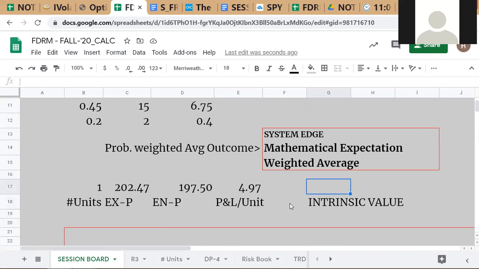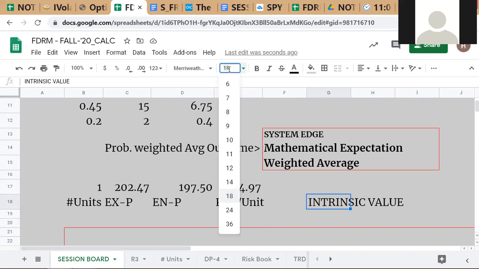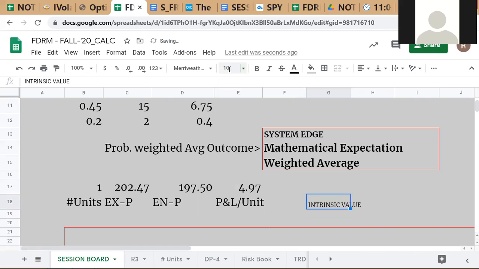And what is the option price? I'm not going to write the full intrinsic value, I'll just put it in a very small font. So I can put in one more column, option price.